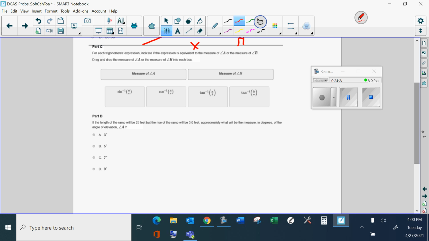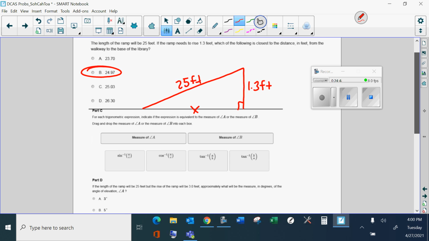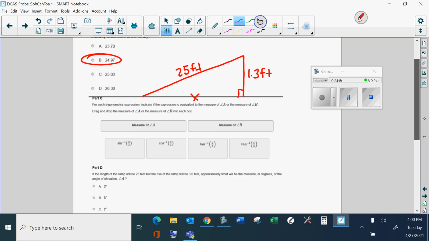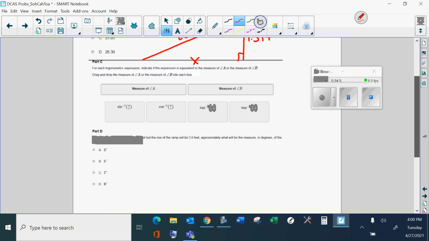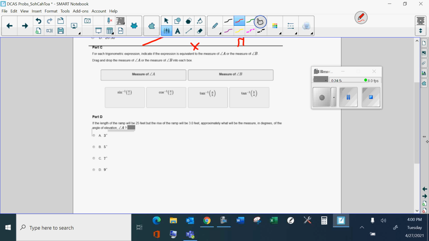For each trigonometric expression, indicate if the expression is equivalent to the measure of angle A or the measure of angle B. Drag and drop the measure of angle A or the measure of angle B into each box. So, let's see. ABC.